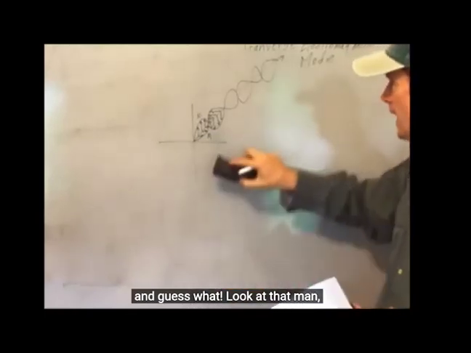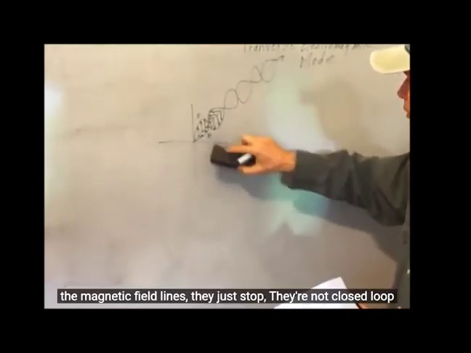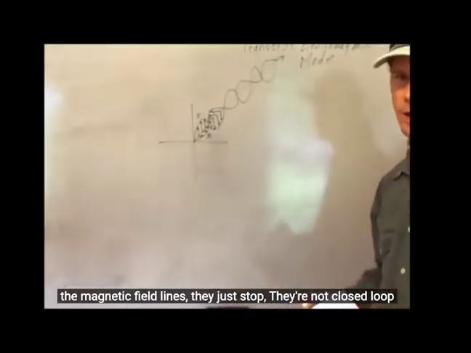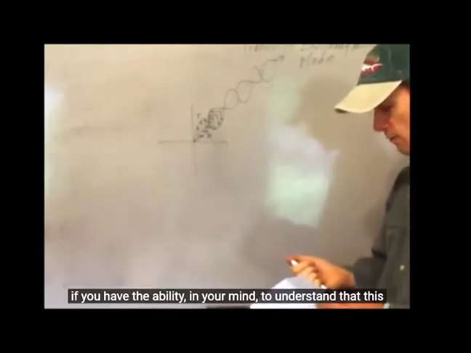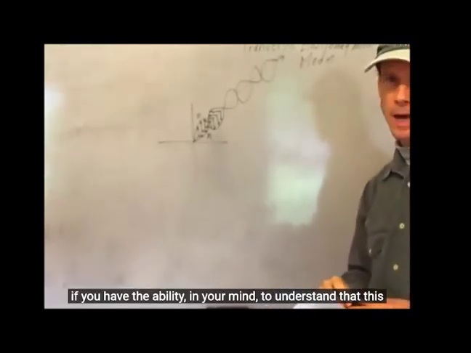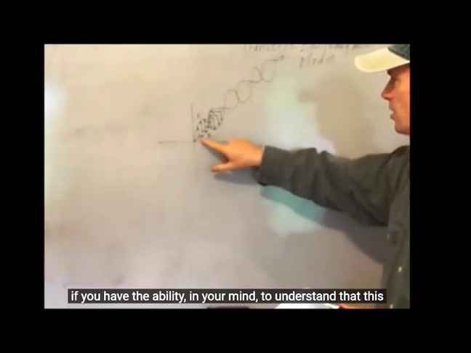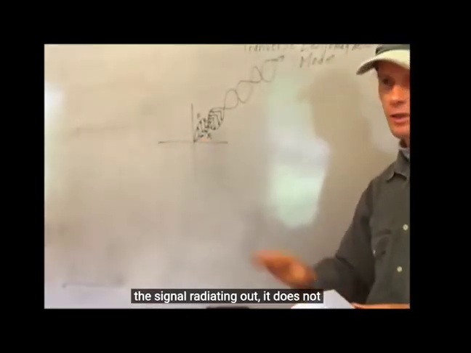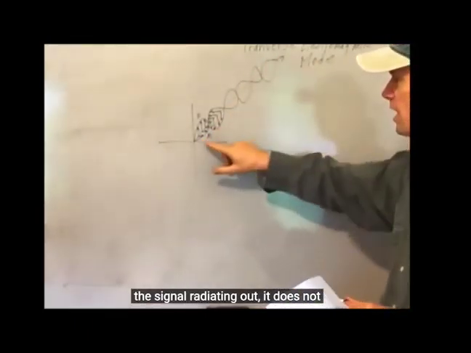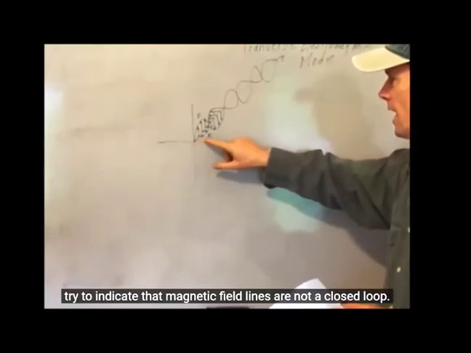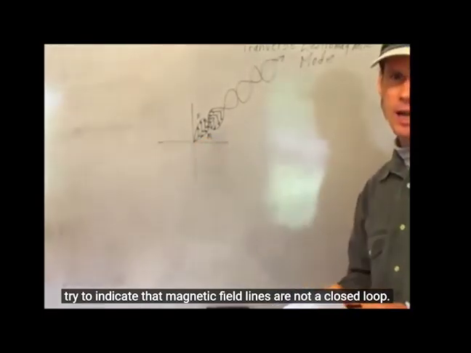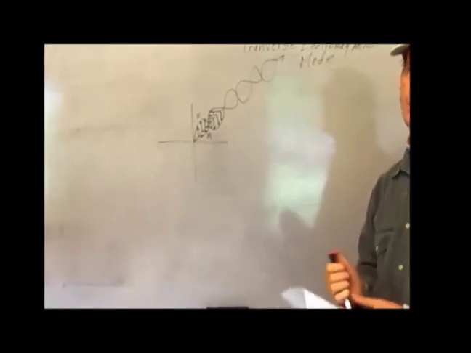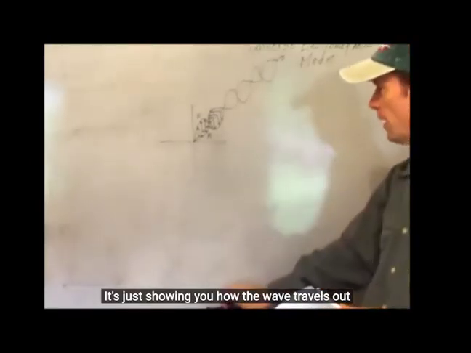And guess what? Look at that: the magnetic field lines just stop. They're not closed loops. So if you can understand that this represents the signal radiating out, it does not try to indicate that magnetic field lines are not closed loops. It's just showing you how the wave travels out.